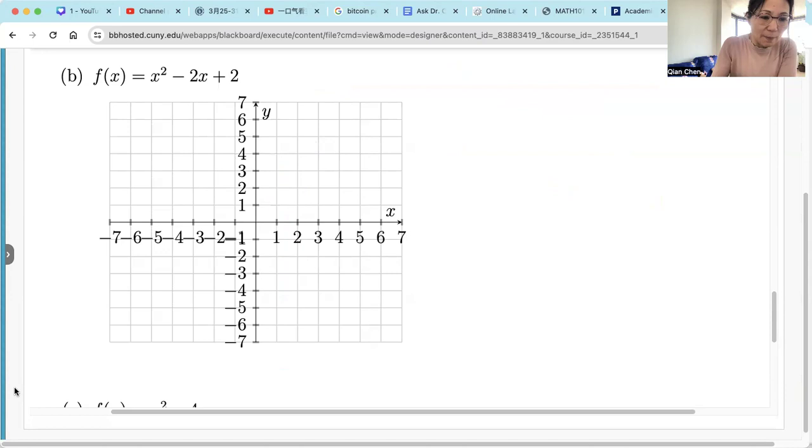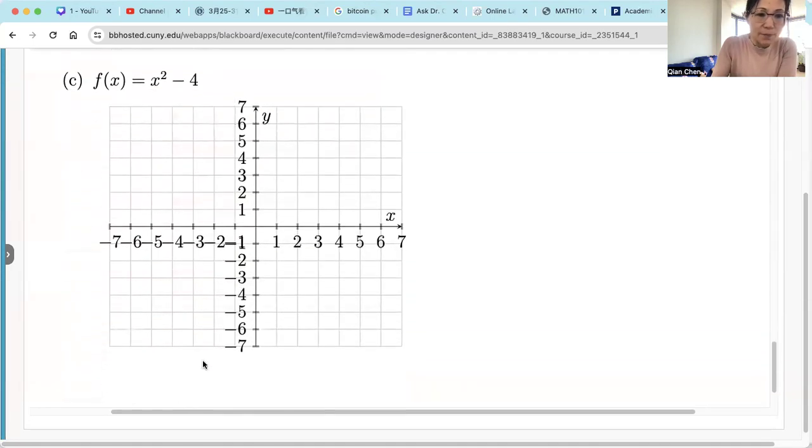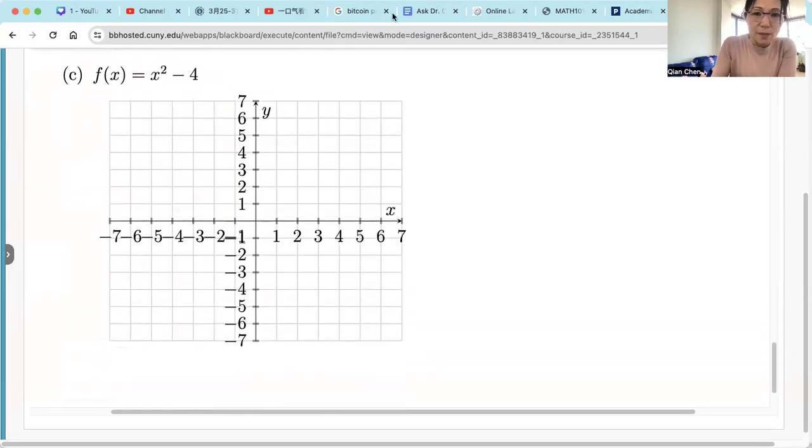Let's see C. C, this one's special. This one is in standard form, also in vertex form. So in standard form, let's figure out a, b, c. a equals 1, b equals 0, and c equals -4.